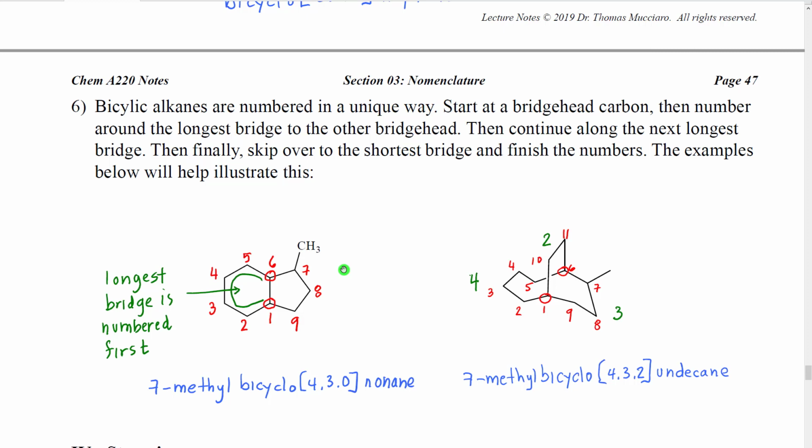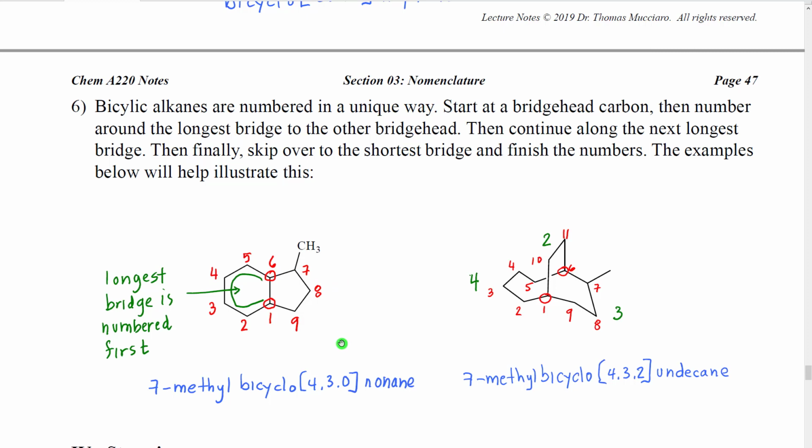So the methyl group in this case is on the second bridge, so it will not get number 2 or something like that. Instead, we have to be a little bit clever and start on the bridgehead that's farthest away from it. So we start down here, so we can number around the longer bridge, get to 6 up here, and then go straight to 7, as opposed to having numbered in this direction where it would be number 9. So we number that first.